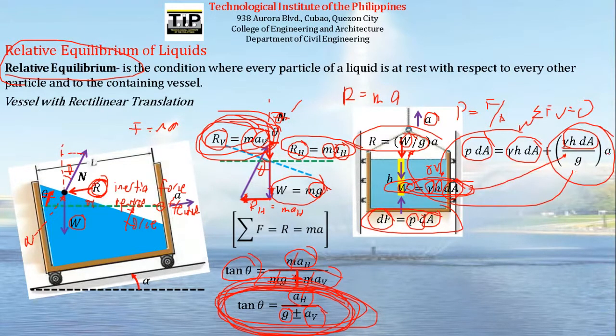And then we have over g times A. So we can cancel out dA and factor out gamma h. So we will have this equation. Okay. So to solve for the pressure of vessels that are traveling vertically, either up or down, we use this equation.